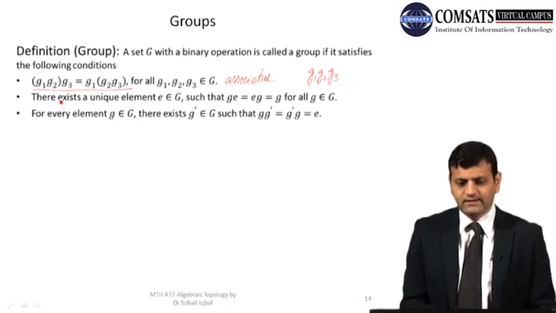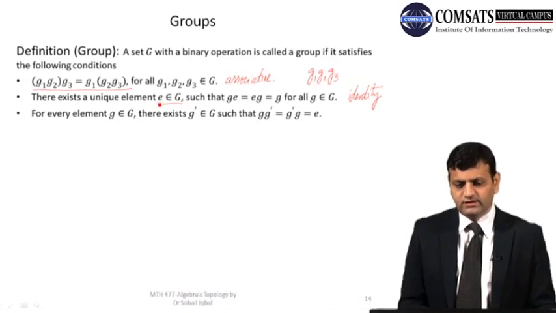The next condition that this set needs to satisfy is that there exists a unique element E. This element E is called the identity element, and this axiom is also called existence of the identity.